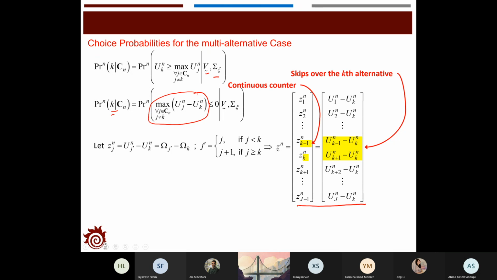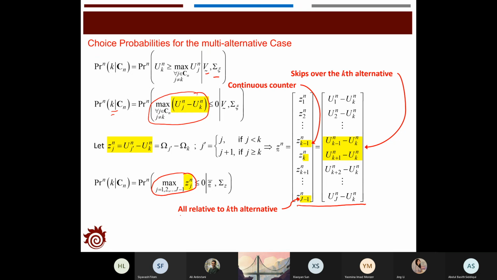And as we know the distribution of the maximization about the z matrix, we will be able to find out the probability from the Clark's approximation.